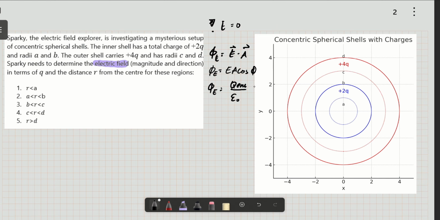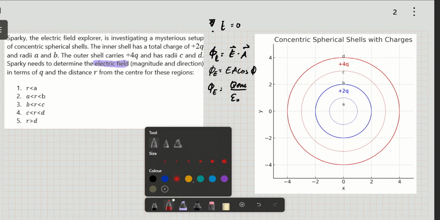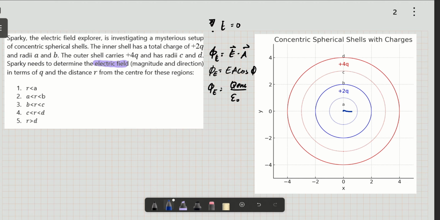We get our E by manipulating the equation from number 1, for r less than a. This is going to be our r. Our angle would be 0, and because our angle is 0, cosine 0 is 1. Then you only have EA, so flux is equal to EA.